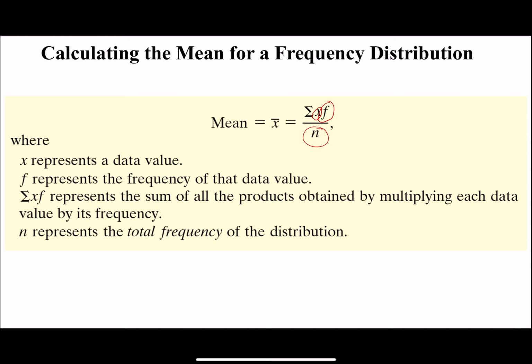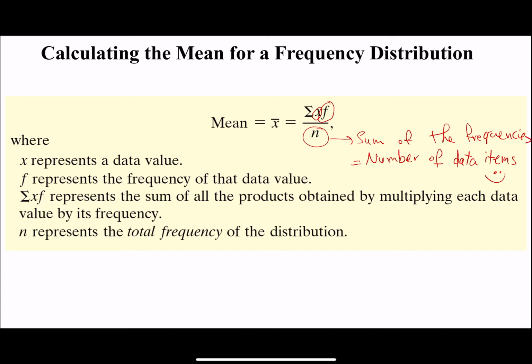Do you remember when we have a frequency distribution, the number of data items is actually the sum of the frequencies, right? Sum of the frequencies, which is the number of data items that we have.